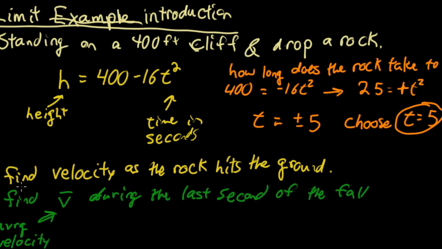We will come back to finding the velocity as the rock hits the ground. That's actually going to be the very last thing we do here, so we'll get to this later.